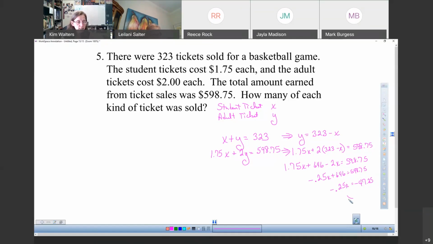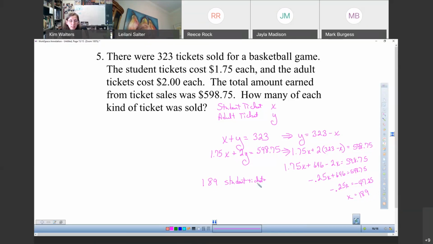And then when I divide both sides by negative 0.25, I'm going to get a positive 189. So this tells me that 189 student tickets were sold.